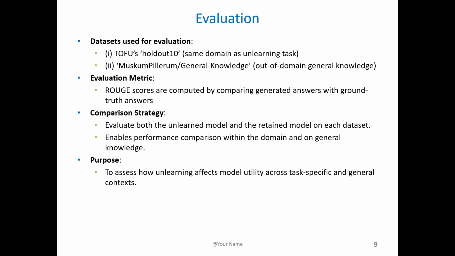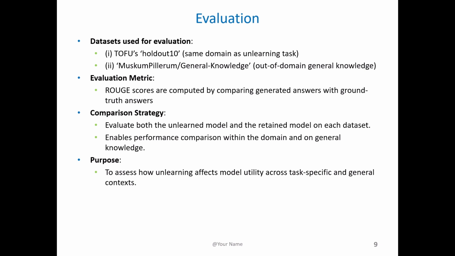The evaluation metric for the model utility is ROUGE. It compares the data generated by the retained model and the unlearned model, and further the comparison strategy evaluates both the unlearned and retained model on each dataset and enables the performance comparison within the domain and on general knowledge.